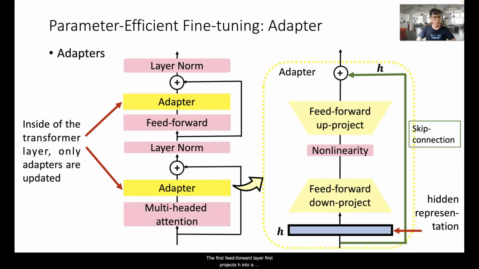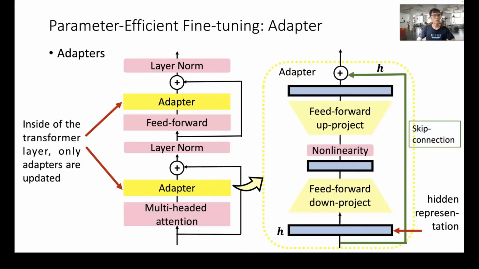The first feed-forward layer first projects H into a low-dimension space. This space has a dimension less than H. After the nonlinear activation function, the feed-forward up projection layer projects its input back to the dimension of H. Last, the result of the two different ways are summed together to obtain the final output of the adapter module.